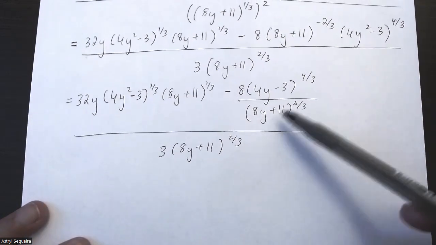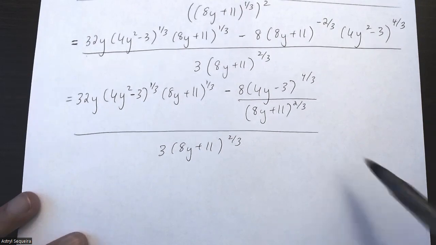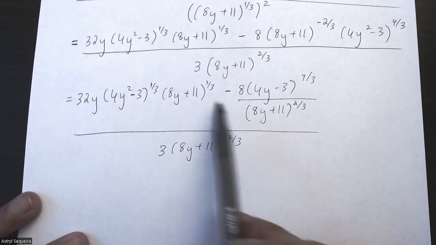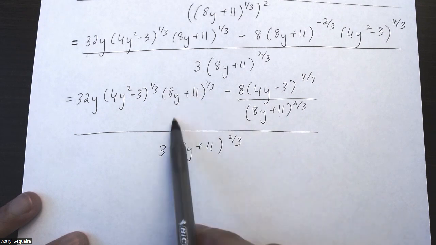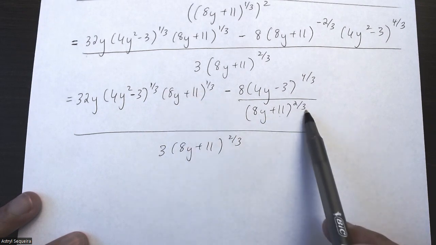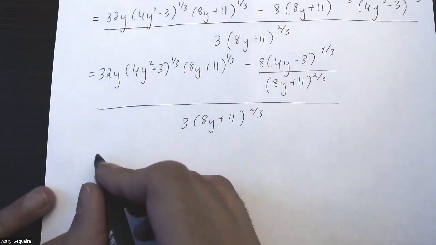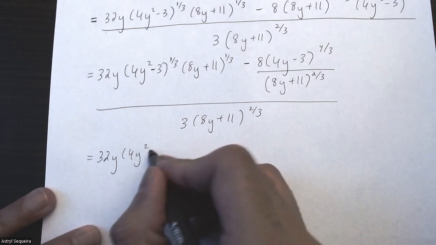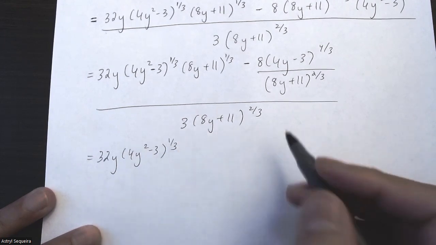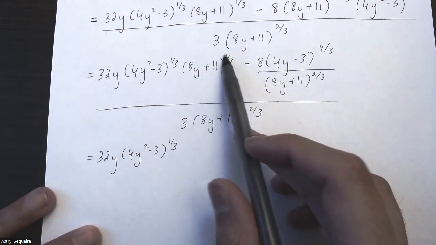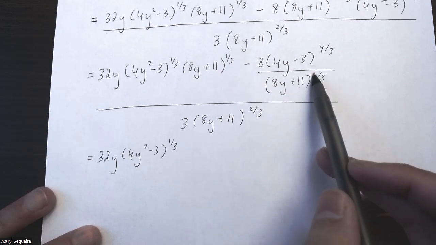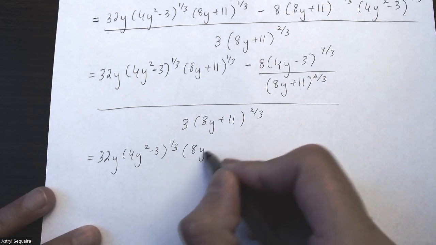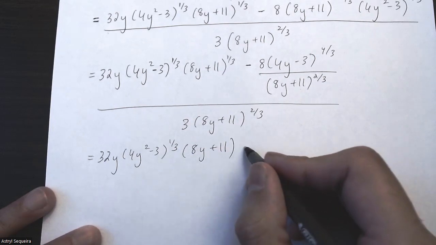You can't have a fraction divided by a fraction in a simplified solution. So the next thing I'm going to do is make a common denominator for my numerator here. I'm going to multiply the top and bottom by (8y plus 11) to the 2 over 3. If I multiply (8y plus 11) to the 1 over 3 times (8y plus 11) to the 2 over 3, I'm just adding the exponents, so my new exponent is just 1.